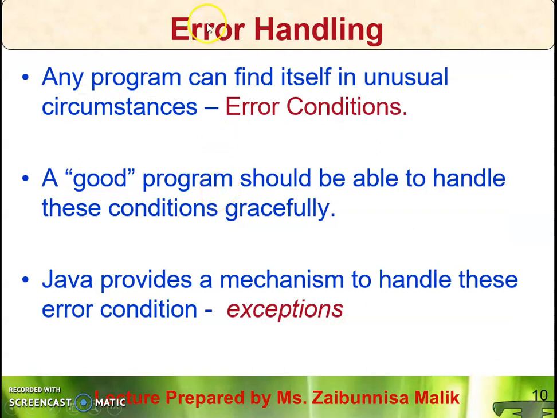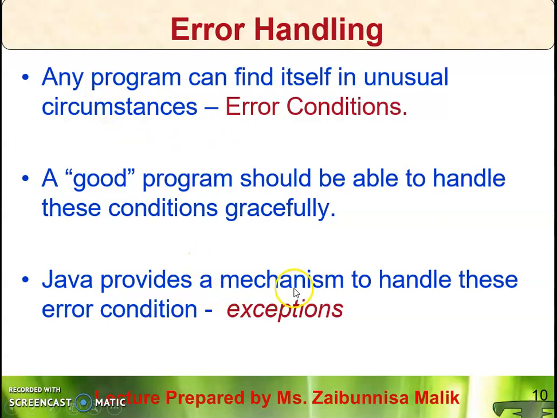Okay. So now here, error handling says any program can find itself in unusual circumstances, like an error condition. So an error condition can be there in any program. A good program should be able to handle these conditions gracefully, like Java has given exception handling. If there is any error, Java gives us the platform where we can handle those errors.